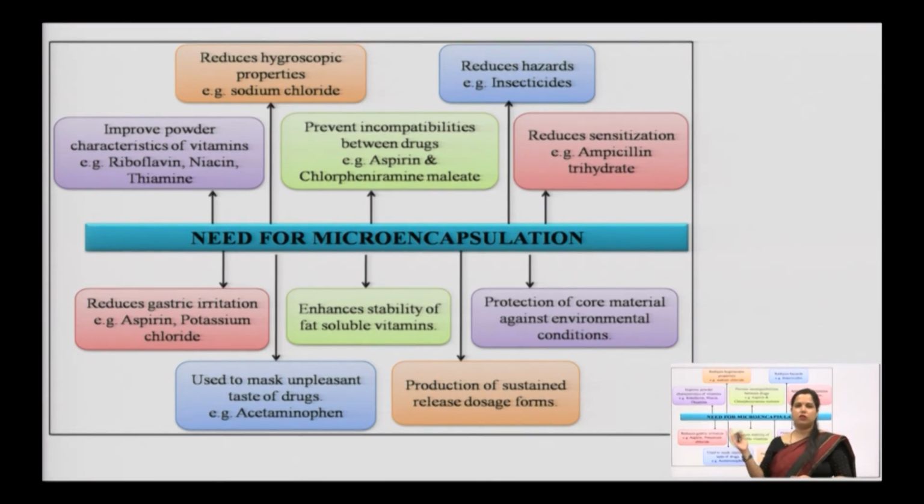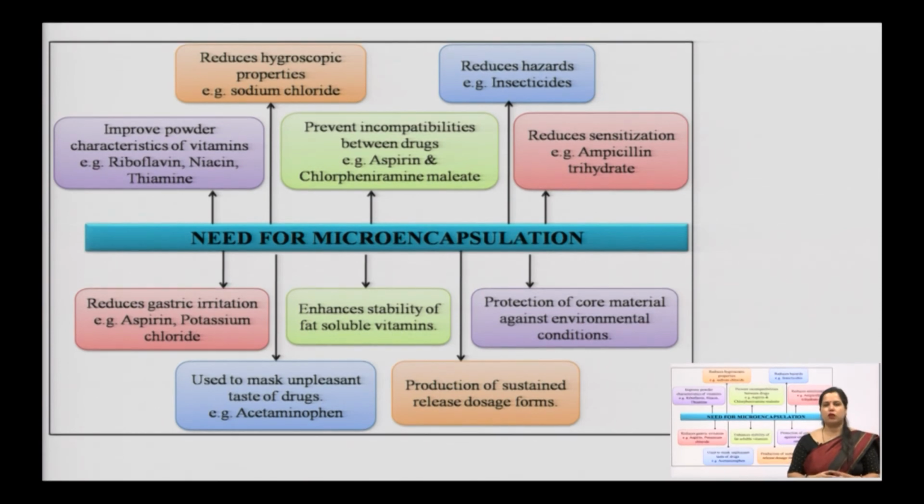So, we can have this kind of approach to reduce hazardous activities. Prevent incompatibilities between drugs, for example aspirin and chlorpheniramine maleate. Using this technique, we can prevent the direct interaction of the two incompatible drugs. So, this is a very good technique for this type of difficulty. Reduce sensitization, example ampicillin trihydrate, because we are preventing the direct contact of the drug with the system's organs.